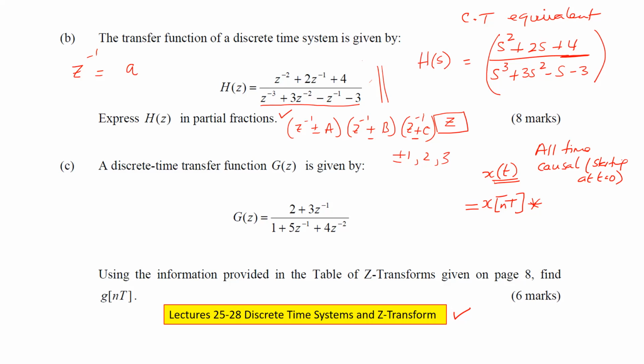Pick some other letter in the alphabet and plug it in. So this will be a squared plus 2a plus 4 over a cubed plus 3a squared minus a minus 3. And then you could work out your fractions and then substitute.